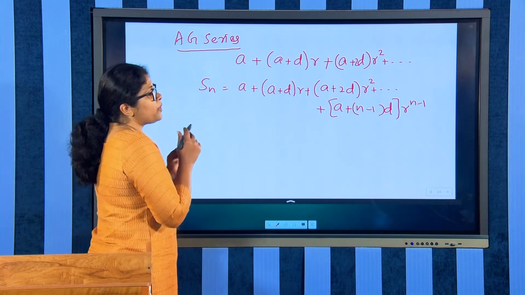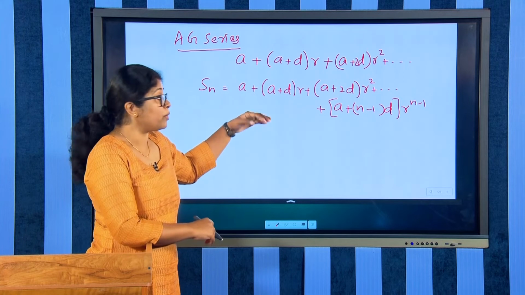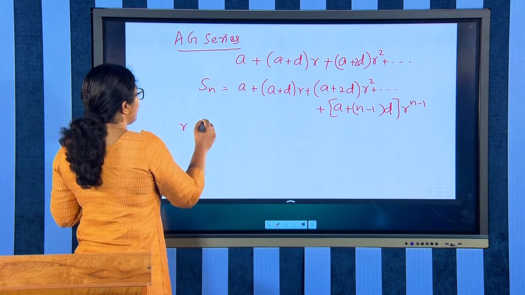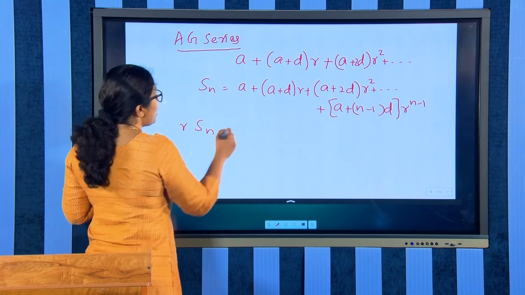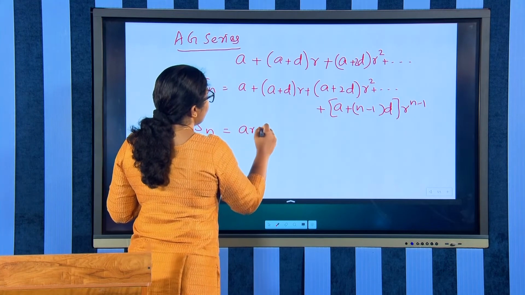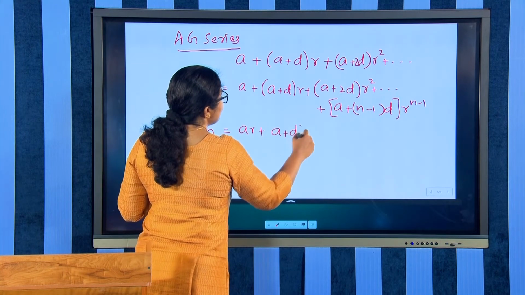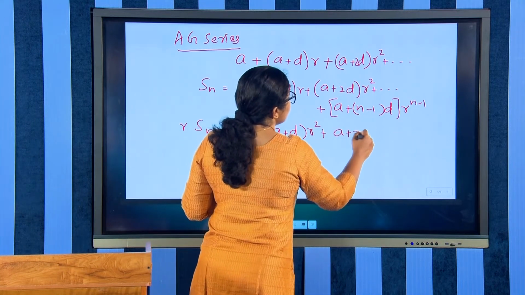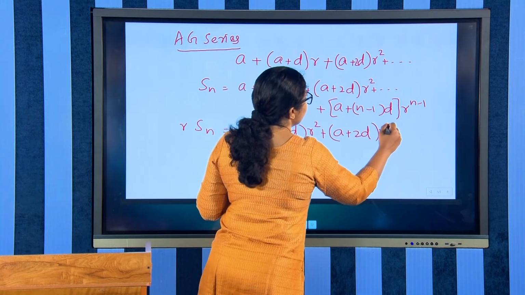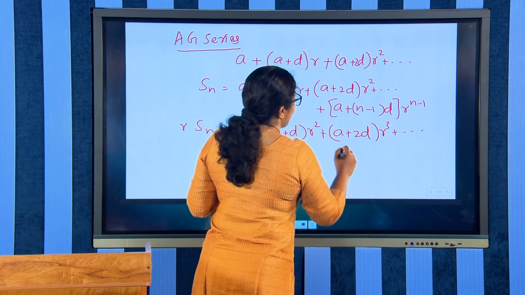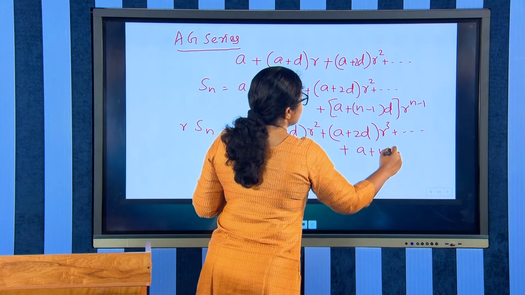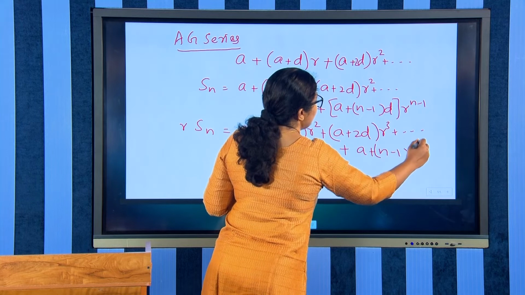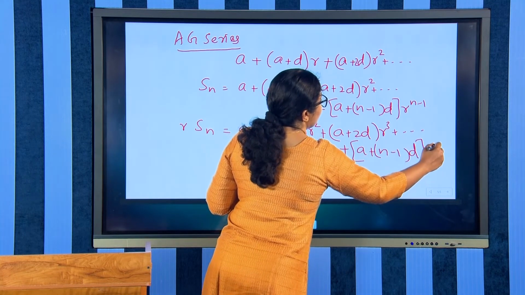So again, as we had done in the case of geometric series, if we multiply with R, R Sn will give you AR plus (A plus D) times R square plus (A plus 2D) times R cube plus etc. The last term will be (A plus (n minus 1) D) R power n.